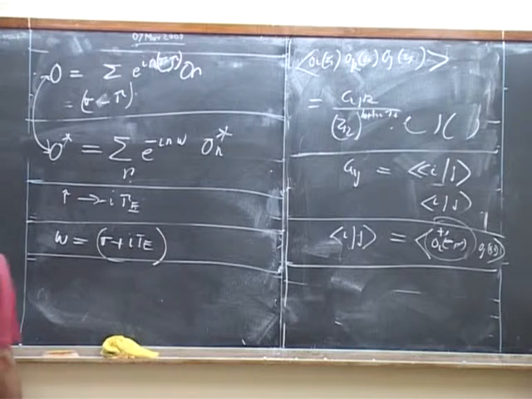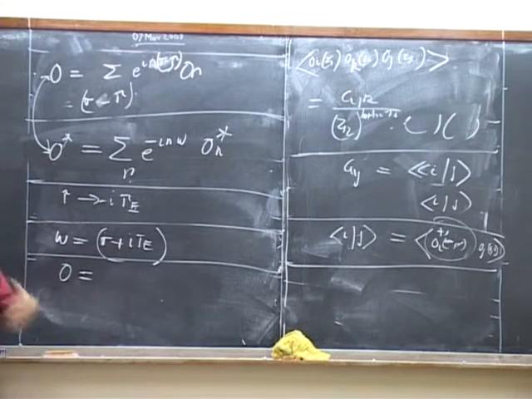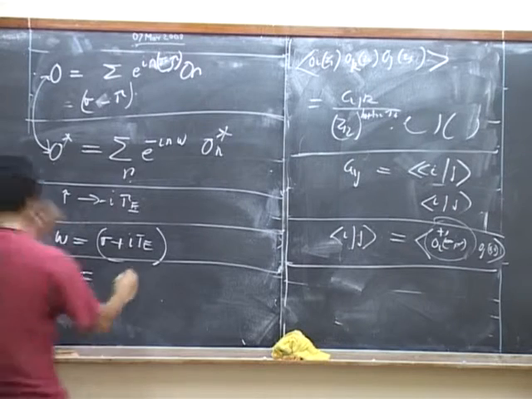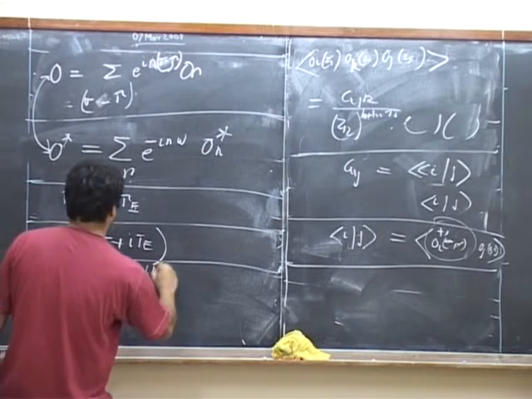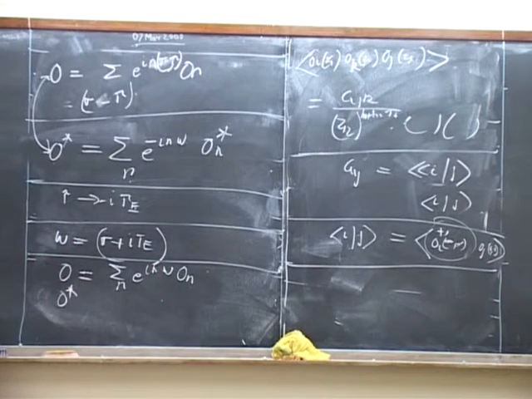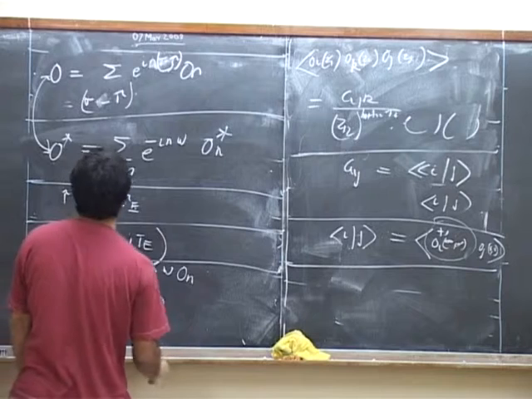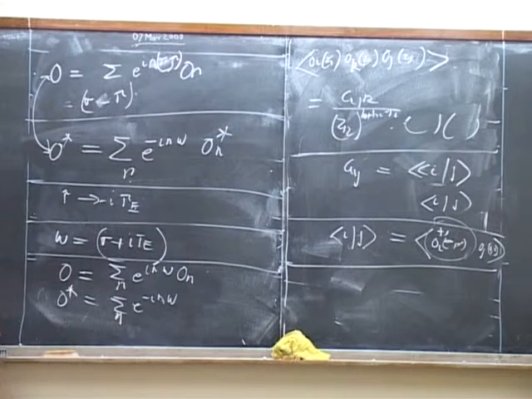Under complex conjugation, what have we got? O, after analytic continuation, is now the sum over n of e to the power I n W O n, but O star is equal to the sum over n of e to the power minus I n W. No, not W star.